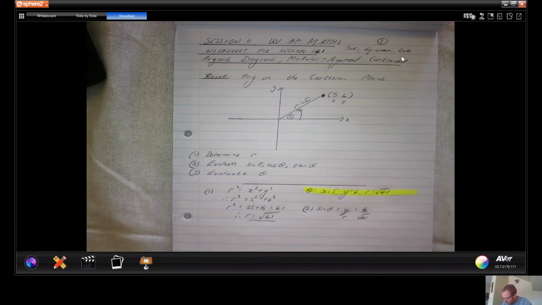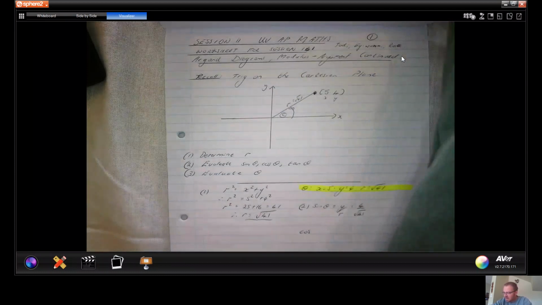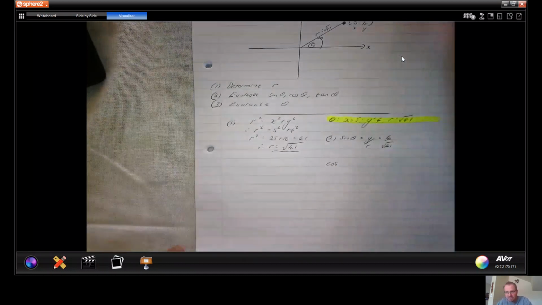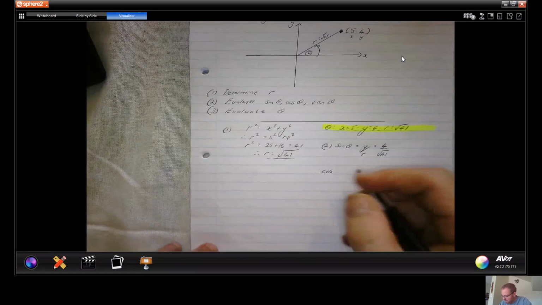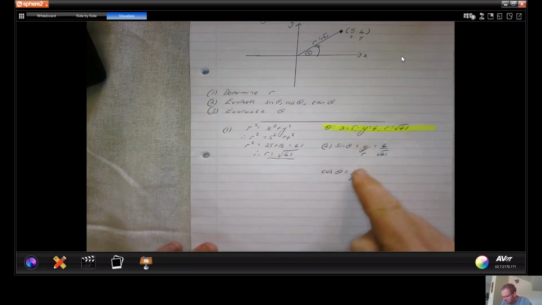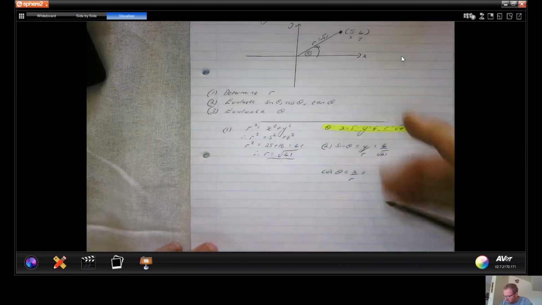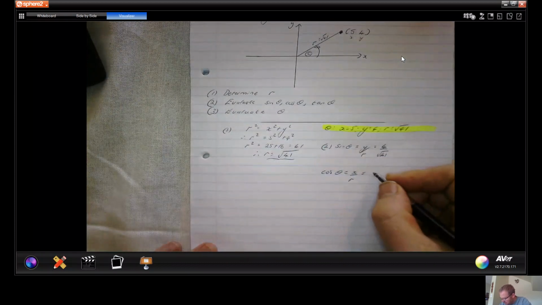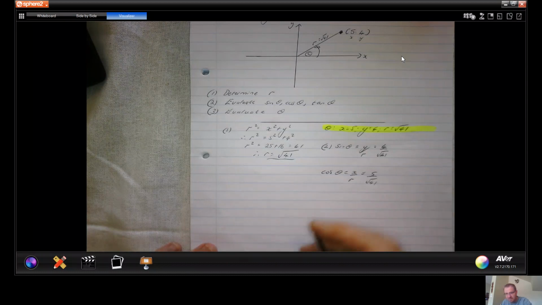That's sine theta. Cos theta is equal to the x coordinate over the radius. The x coordinate is equal to 5, and the radius is root 41. So it's 5 over root 41.